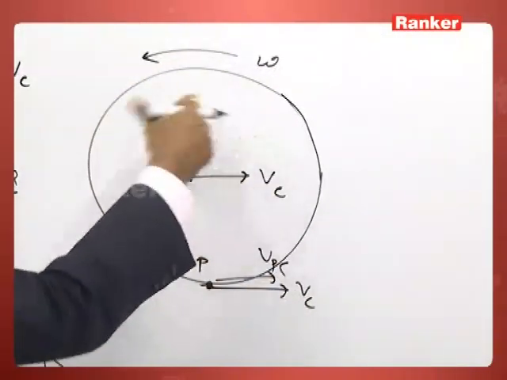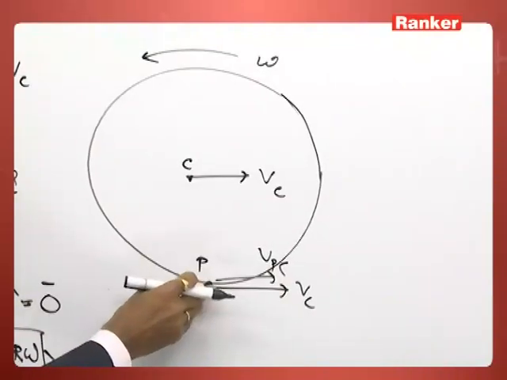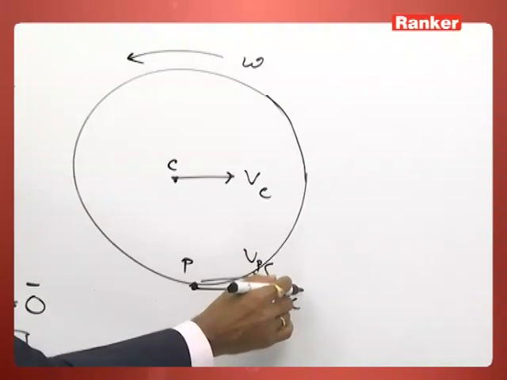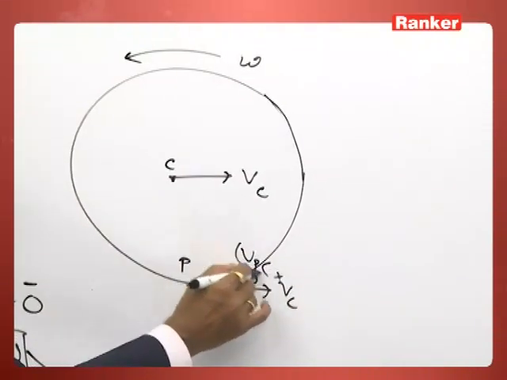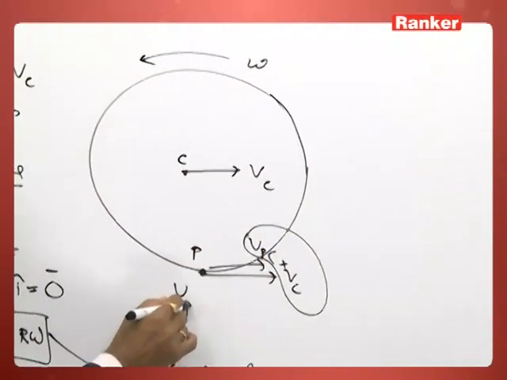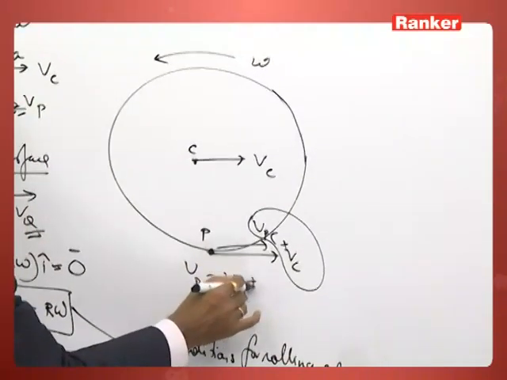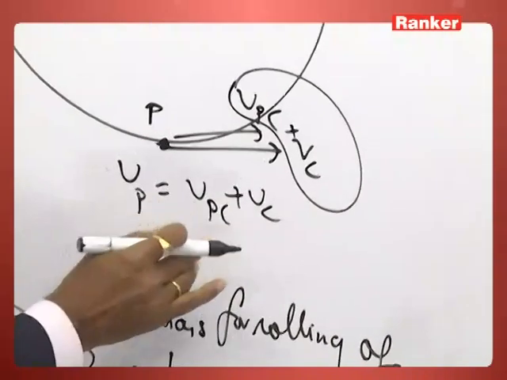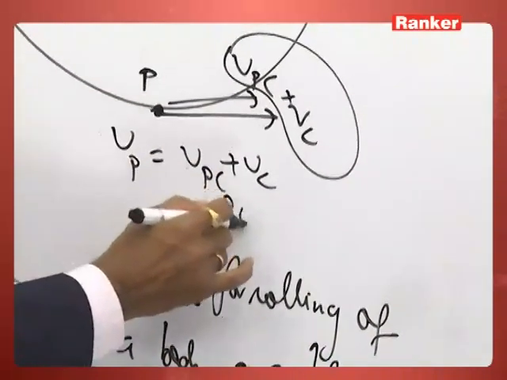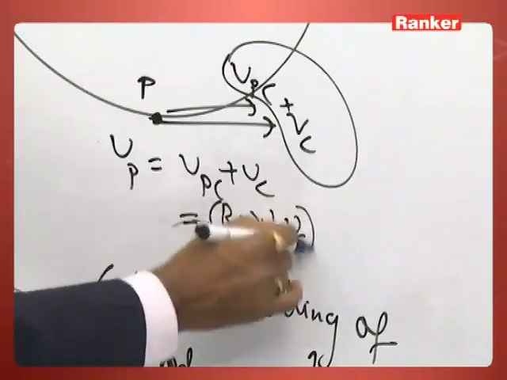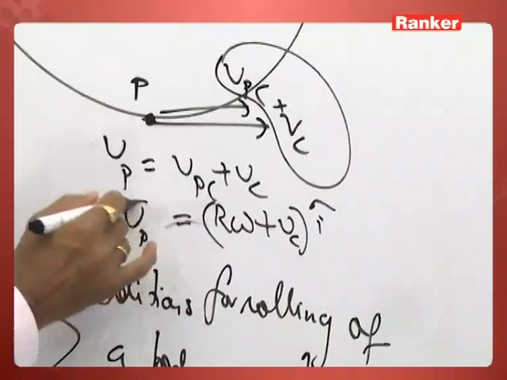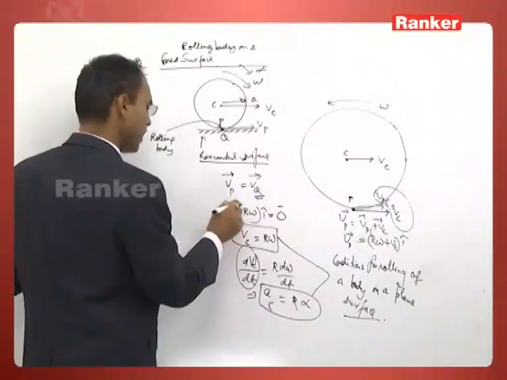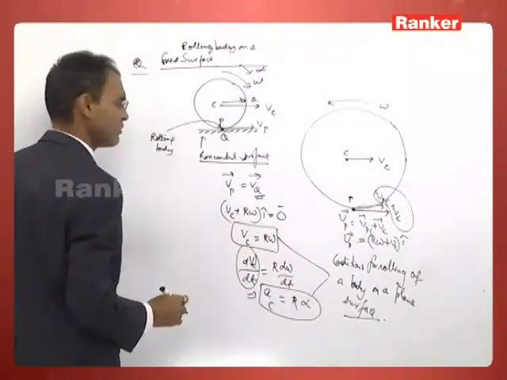If this body spins in this way, this point P moves in this way with respect to the center of mass, whereas the center of mass moves in the same direction. Therefore, the velocity of the point P is equal to Vpc plus Vc, and both Vpc and Vc have the same direction. Vectorially you can write like this.